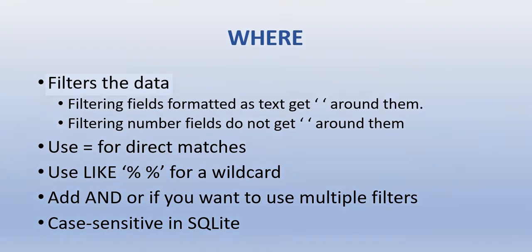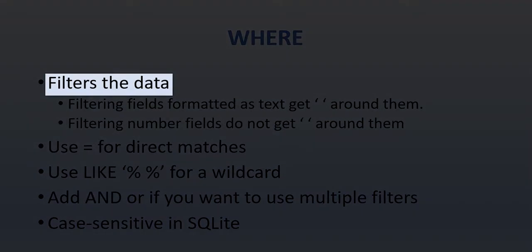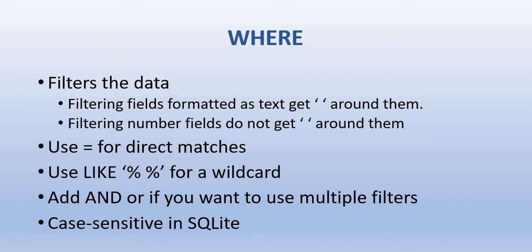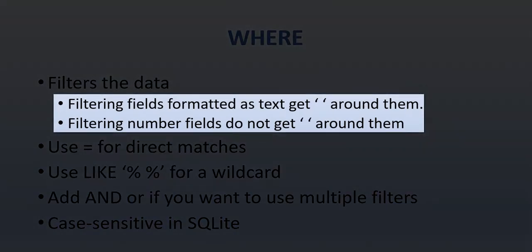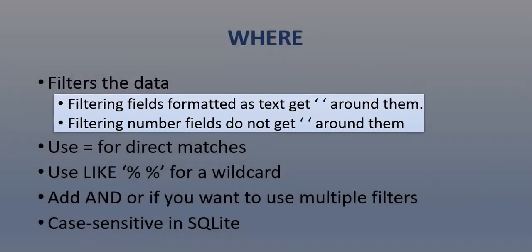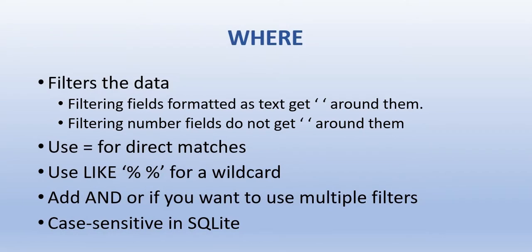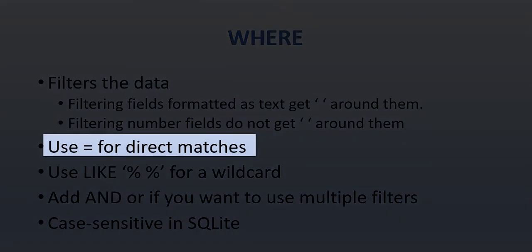And where. Where, of course, is where you filter your data. And we learned last class that text data gets single quotes around them, and data that are numbers or integers do not get any quotes around them. We use the equal sign for direct matches.